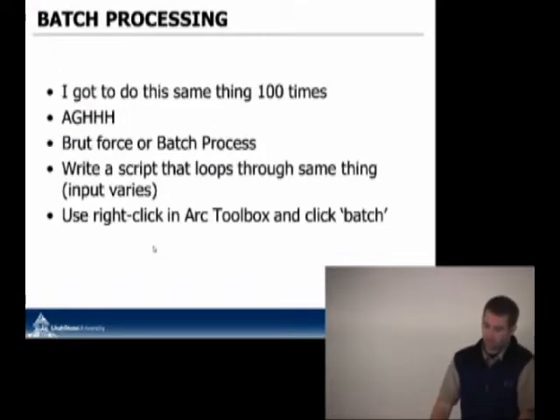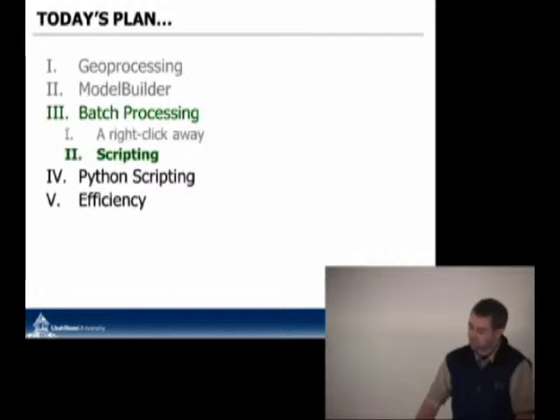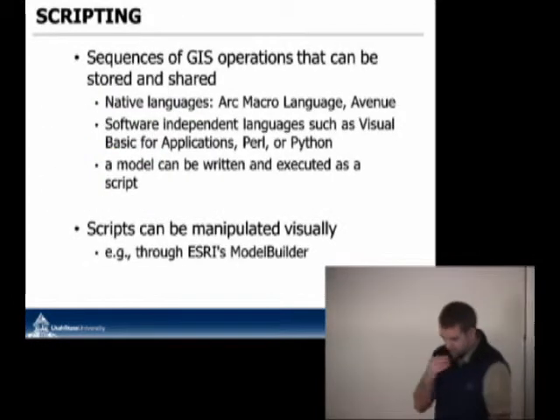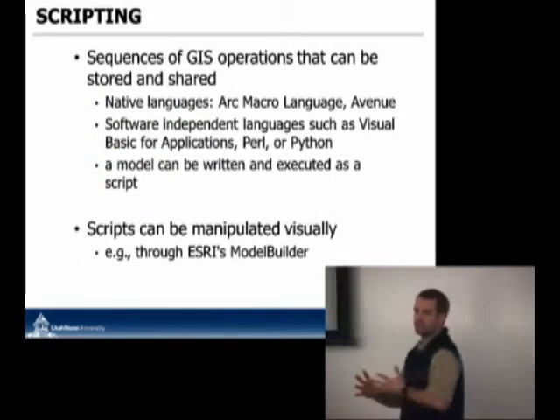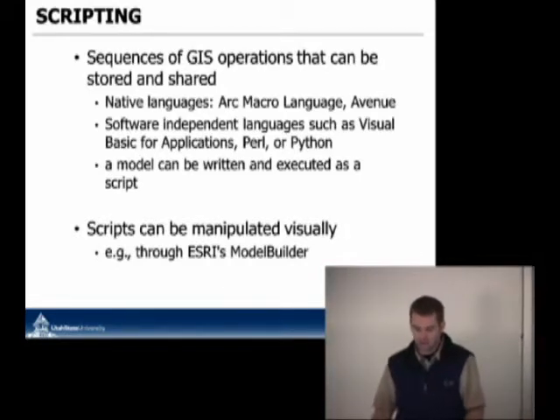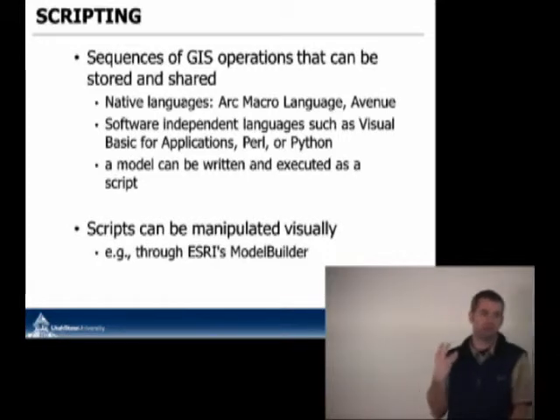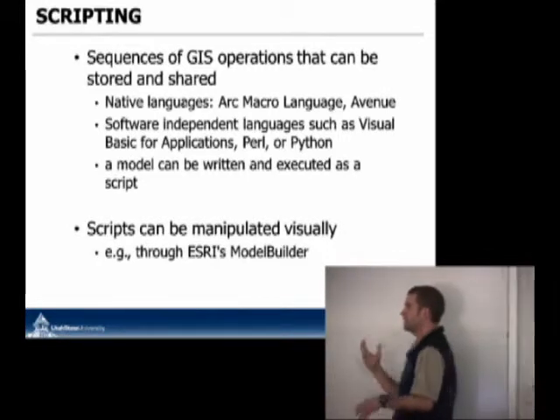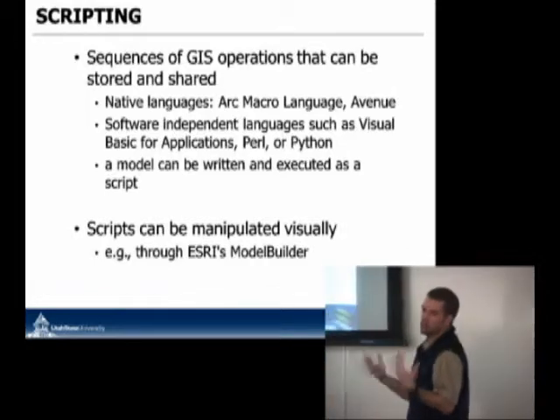Okay. So we've actually talked about batch processing, and scripting is a way of talking about programming or writing code, writing scripts that don't have to be compiled. So there are high-level languages and low-level languages when we're talking about computer languages.